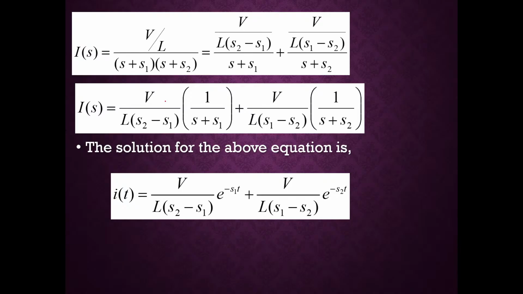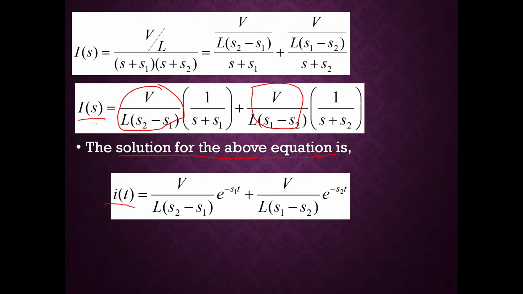After writing that, considering this term and this term as constant, apply inverse Laplace transformation to this above expression. These two terms which I have selected here, I have put within the circle. Assume them as constant. Apply inverse Laplace transform. So here I have written the solution of the above equation. Solution means inverse Laplace. See, I of s is converted into I of t.